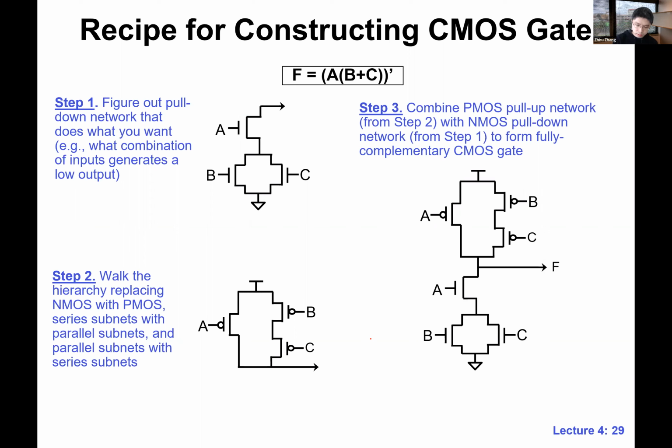So this is my function, and see here, it's already negated, right? Just look at this function and see if you have an OR, like this, you have a parallel structure. If you have an AND over here, you do it in series. That's how you construct it.